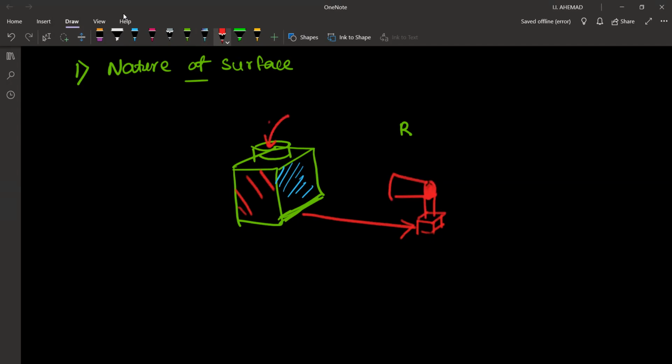When we pour boiling water, the temperature is the same, right? The temperature is the same and the distance is the same. What we are going to change is the nature of the surface. For that, we simply rotate the Leslie's cube.